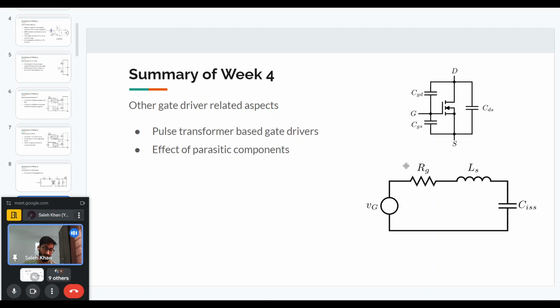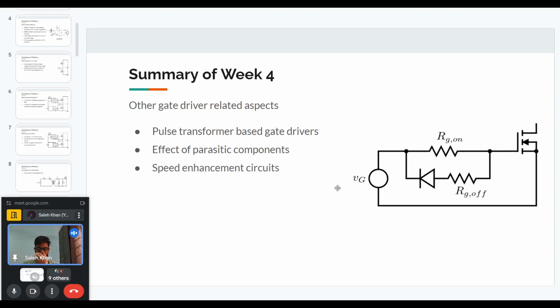And if the spike goes below the threshold or below the Miller plateau, it will create some problems during turn on and turn off. So this is also an important aspect that needs to be considered. That is why, usually, the gate driver is put as close as possible to the device, so that the parasitic inductance is limited.